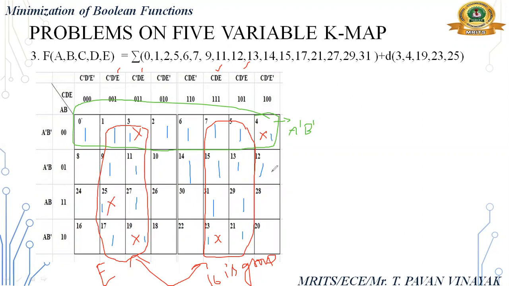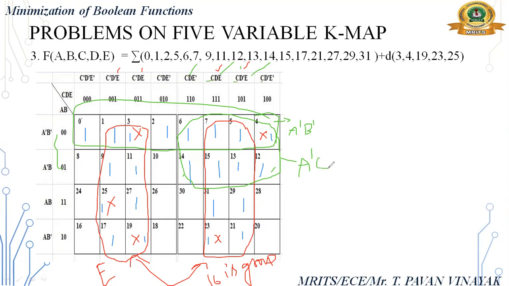Yes, we have two ones here. 1, 1. So let us combine with this one. We get another octet. So what is the common term from these two rows? A bar. From these four columns, what is common? C is common.